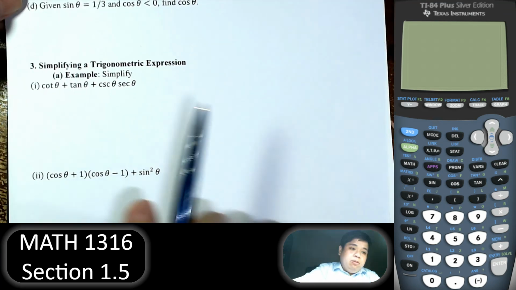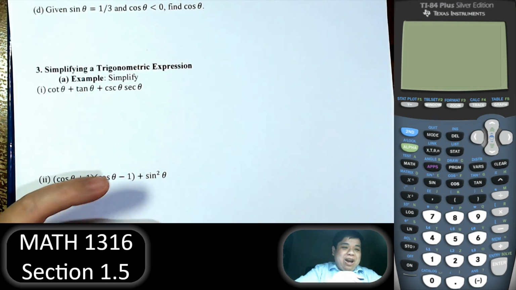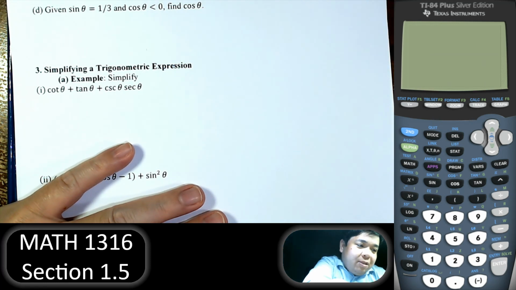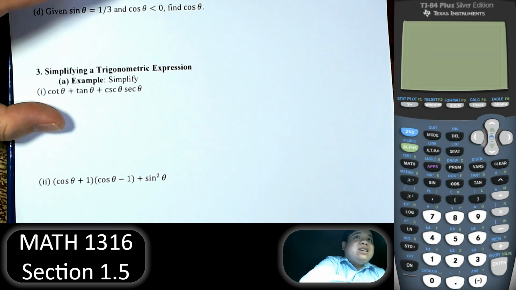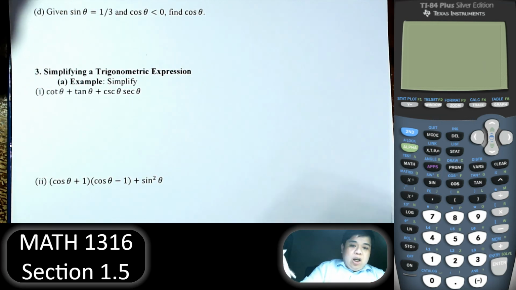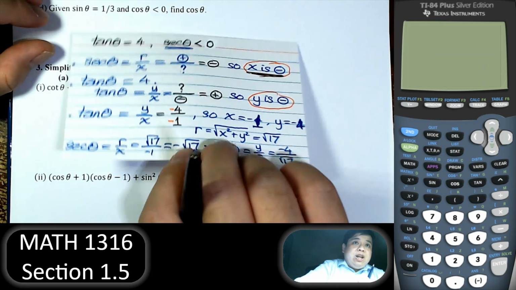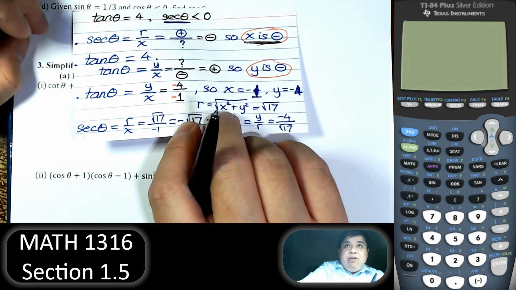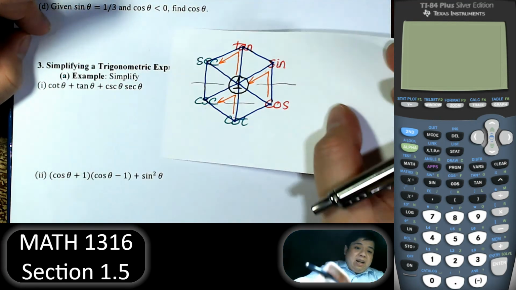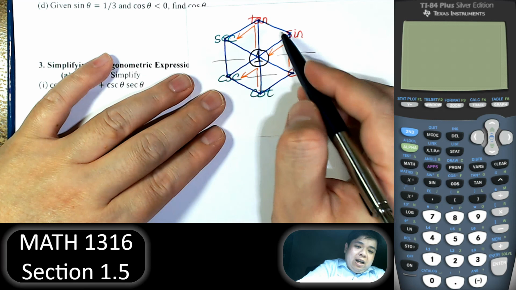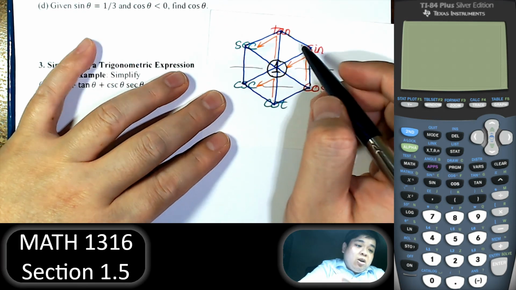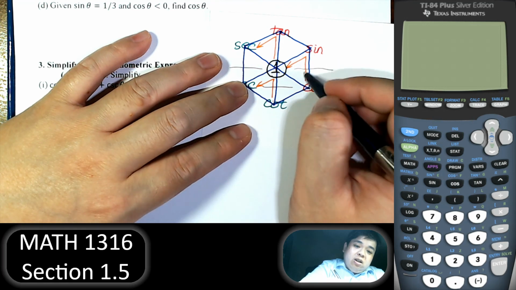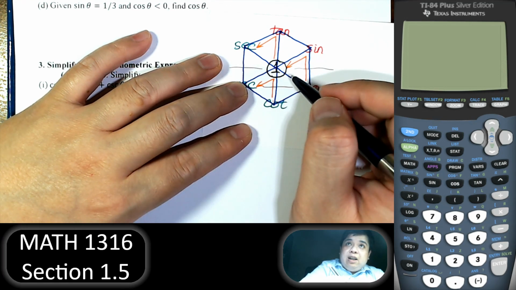Oh, sorry. We still have that example which we haven't done yet. Sine is equal to 1 over 3. Cosine is less than 0. Find cosine. Of course, you can use the x, y, r definition, or you can use the identity from the hexagon here. Sine and cosine next to each other, there is the Pythagorean identity.